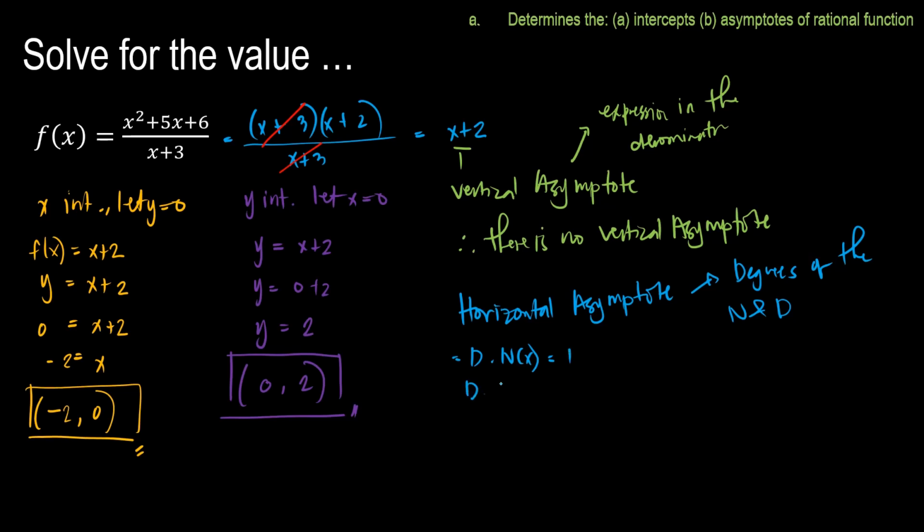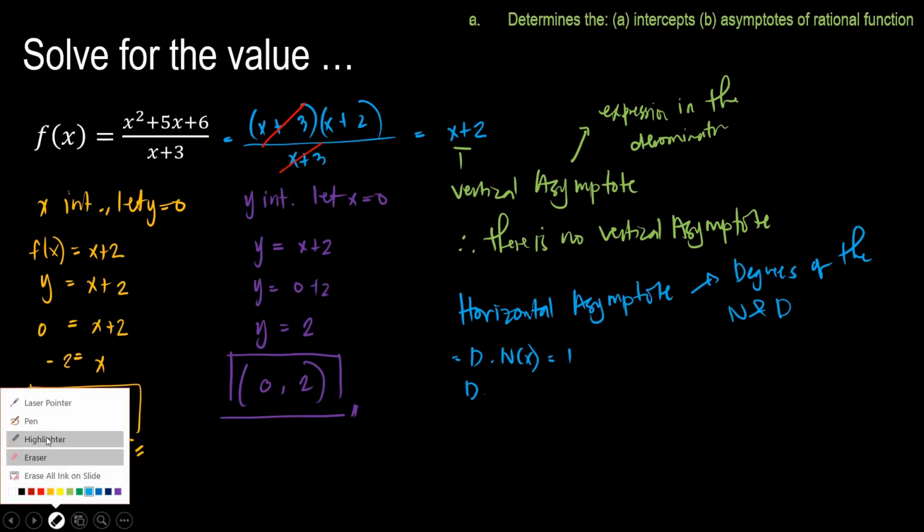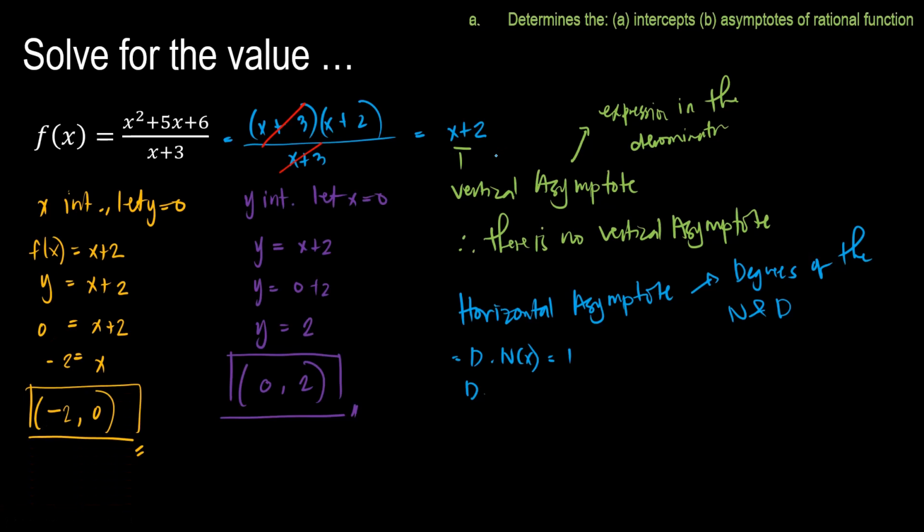And the degree of the denominator, since 1 yan class, dahil over 1 yan, ang denominator niyan ay 1. So, therefore, that's constant. Ang degree ng denominator ay 0. So, kung makikita nyo dito class, the degree of the numerator is greater than the degree of the denominator at exactly 1.